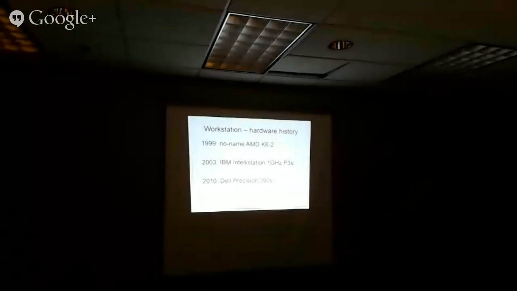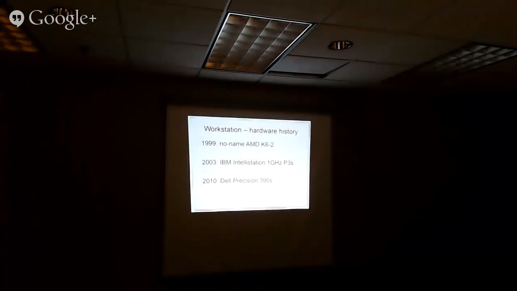So the hardware history of this system is that back in the last century, it started as a no-name AMD K6-2. In 2003 or so, it got updated to an IBM IntelliStation. That was the beginning of a buying practice of getting high-end equipment that was about 3 years old.